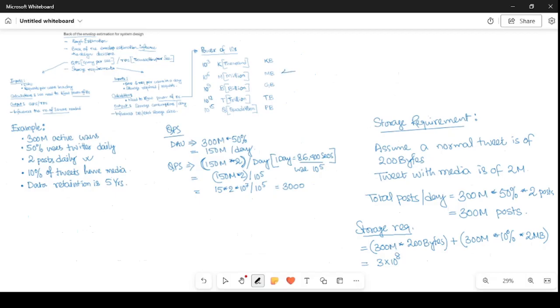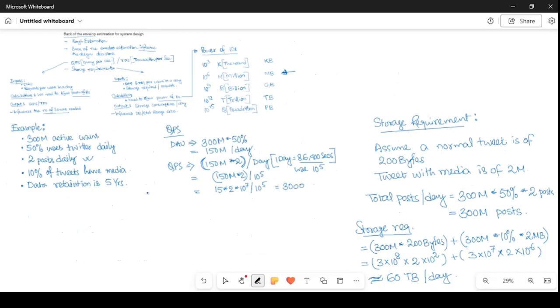You can refer to this table. Into 2 into 10 to the power 2, plus 3 into 10 to the power 7, because this much is 10 to the power 8, but I need 10% of it. So 3 into 10 to the power 7 into 2 MB. Now MB is nothing but 10 to the power 6. It will come around 60 TB per day.